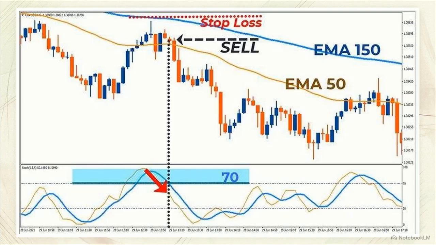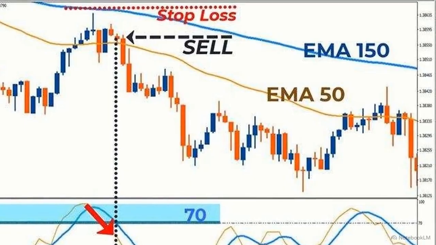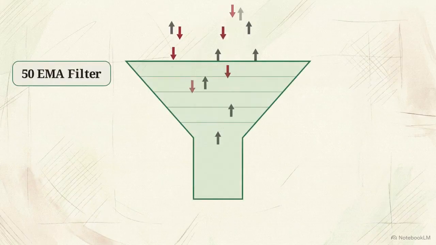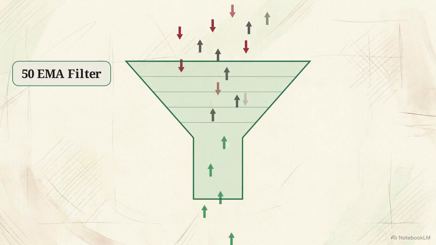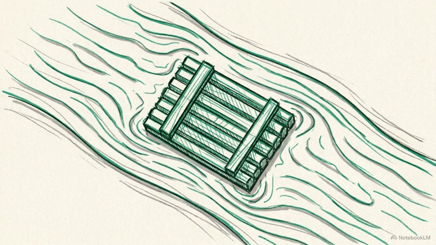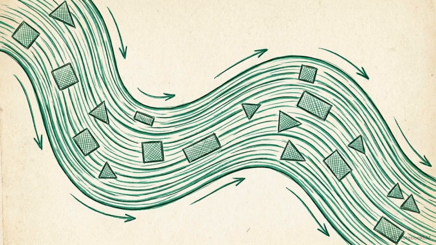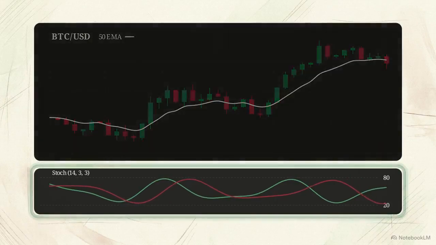Conversely, looking at this chart, you can see the price candles fall below the orange EMA 50 line. That establishes a strict downtrend, meaning your rules only permit you to execute sell trades. The 50 EMA acts as a systematic directional filter. It keeps you on the right side of the current by only allowing trade entries that align with the dominant market momentum.